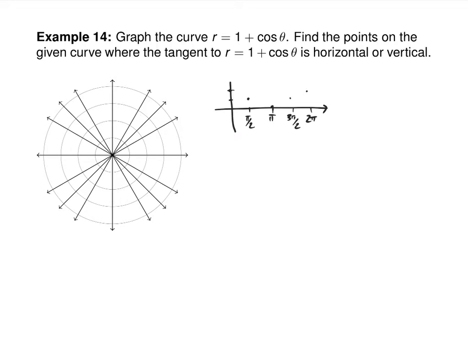So the first one we did had no funky reflecting things going on, right? It starts off at 2. By pi halves, we're at 1, and by pi, we're back at 0. It's this heart-shaped thing.